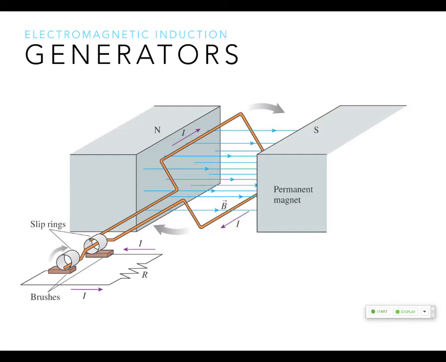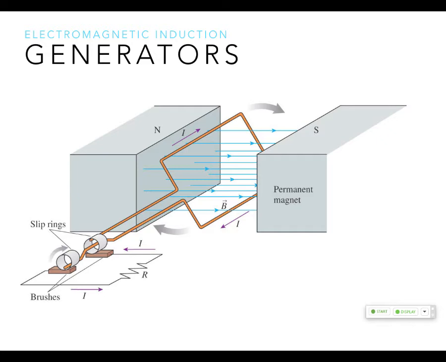And that's your EMF. If you want the current, you have voltage, so how do you get current? Divide this whole thing by R. Now you have the current for your generator.